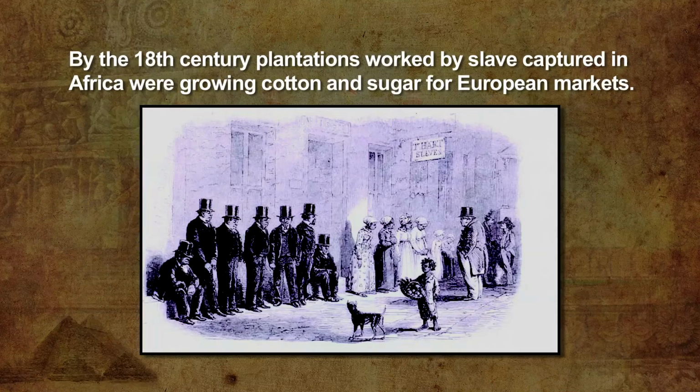By the 18th century, there were huge plantations which had been set up in these areas. That means in the Americas. And these plantations were worked by the slaves who had been captured in Africa and were being brought to these plantations to work. They were growing cotton and sugar.